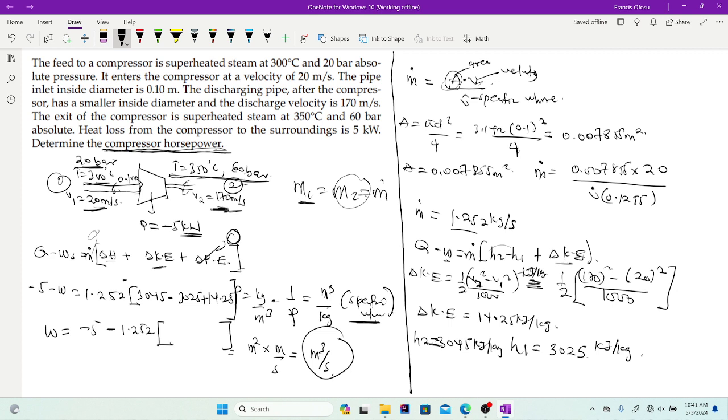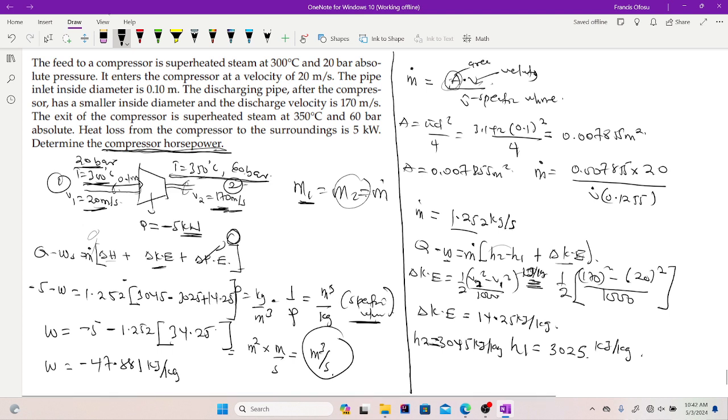So we get 34.25. Now our work becomes -5 minus 1.252 multiplied by 34.25. We get -47.881.